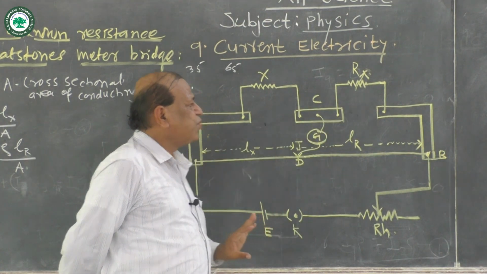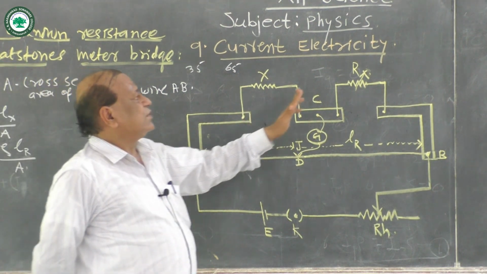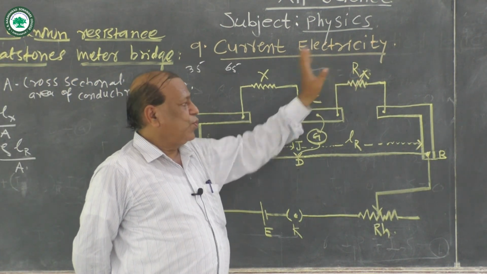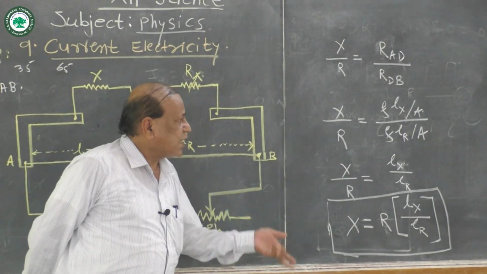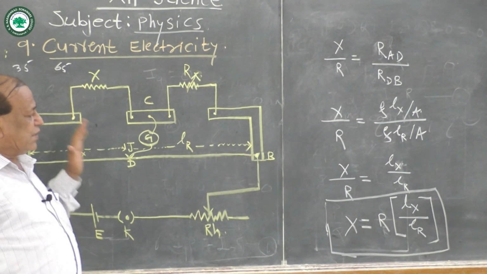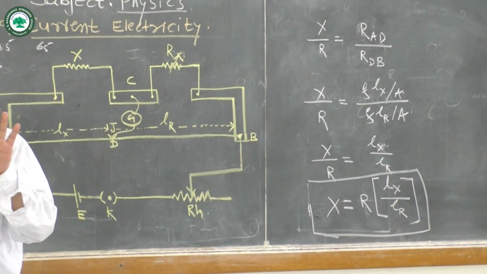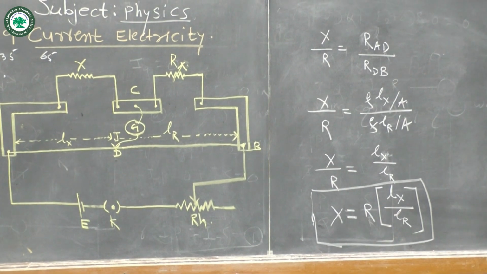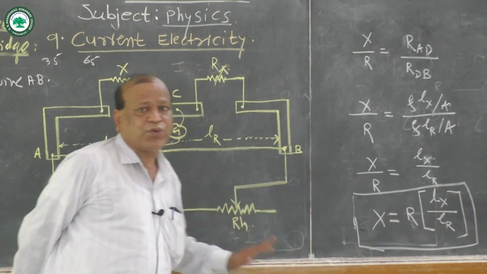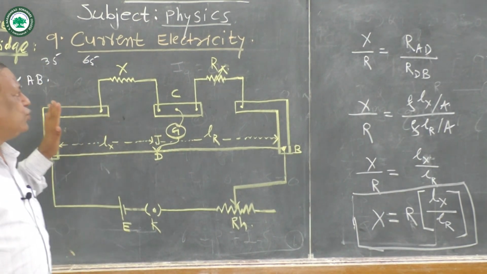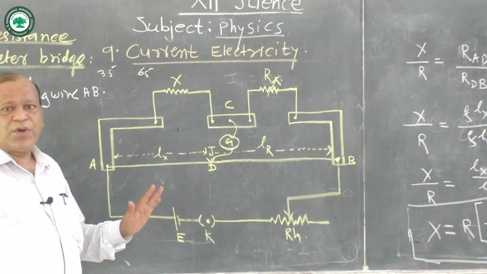Again take at least 3 readings by changing the values of R. We get the 3 values of X. Again by interchanging, get the 3 values of this X. How many values of X here? 6 values. Find its mean value and get the correct value of unknown resistance X using Wheatstone's meter bridge. Okay, now I can stop here.